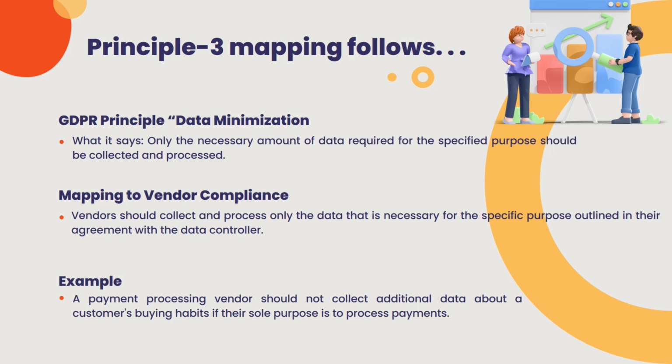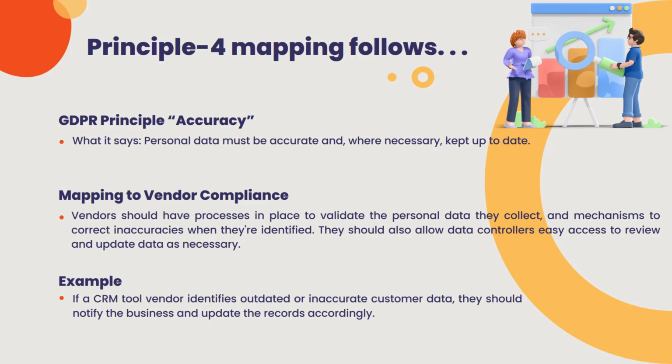Let's move on to the next principle, number 4, data accuracy. So what it says, personal data must be accurate and where necessary kept up to date. How to map this? Vendors should have processes in place to validate the personal data they collect and mechanisms to correct inaccuracies when they are identified.